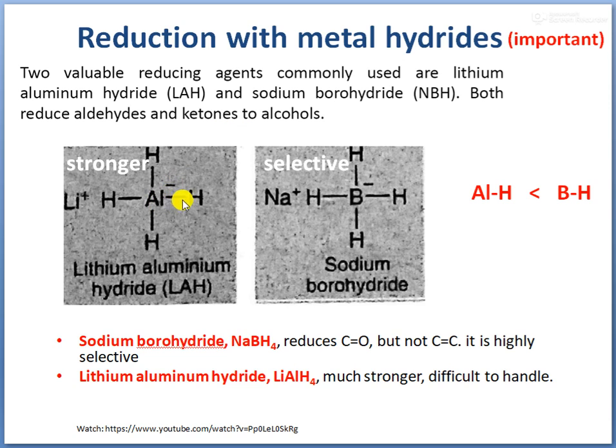The Al-H bond is weaker than the B-H bond. Therefore, lithium aluminium hydride is a stronger reducing agent than sodium borohydride. But sodium borohydride is a very selective reagent and it will only reduce the C=O in the molecule.